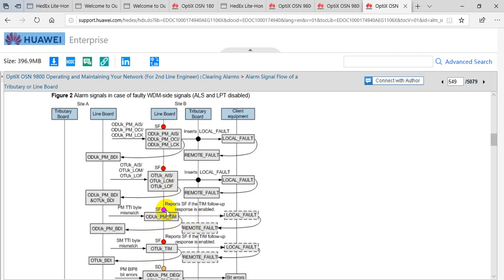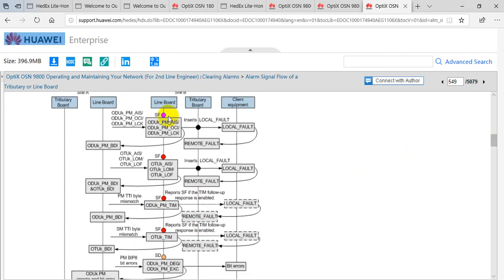Then it also becomes a signal failure type of scenario, but otherwise it is not. If you do not enable the follow-up action from TIM, then this remains of no use. There is no further flow of the alarms.